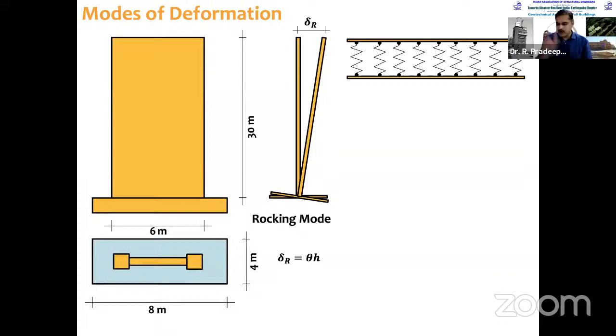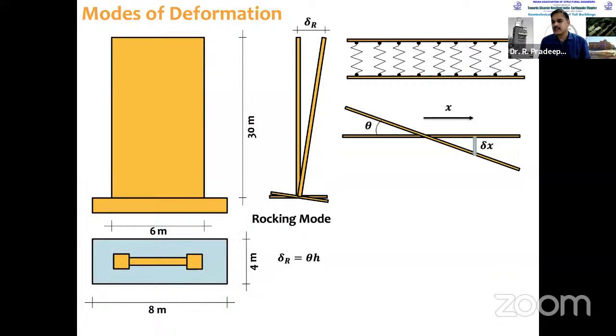Now when the structure rocks, what happens is like this. From the center at a distance of x, what is subgrade reaction? It is the reaction per millimeter of deformation of the foundation inside the soil. So that delta x is the deformation.